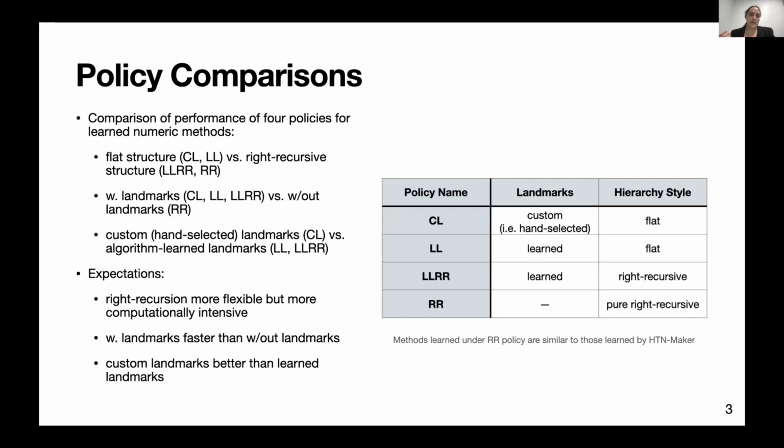I'm going to compare 4 different policies corresponding to 4 different method sets of learned numeric methods.